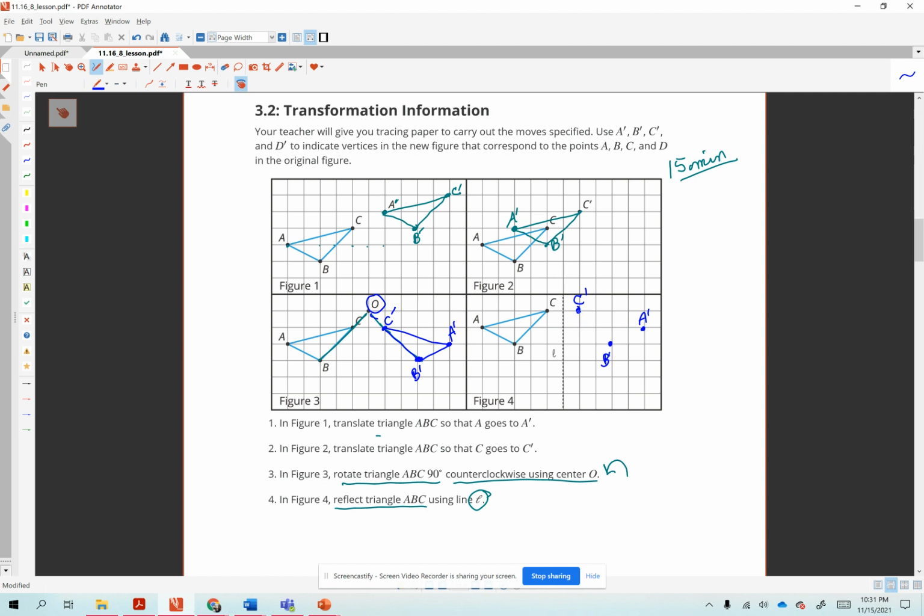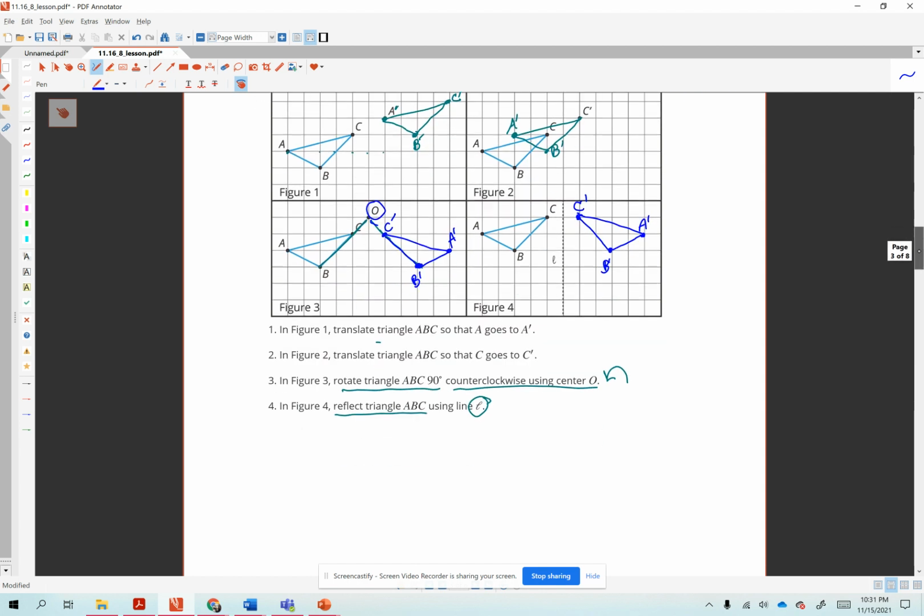And let's connect. Be a little neater than that. There we go. All right, we have another set of problems.